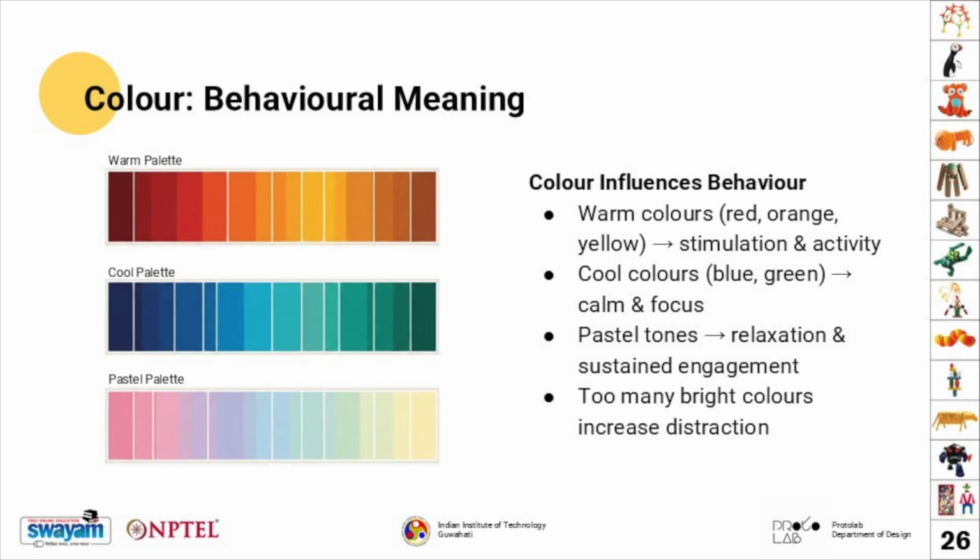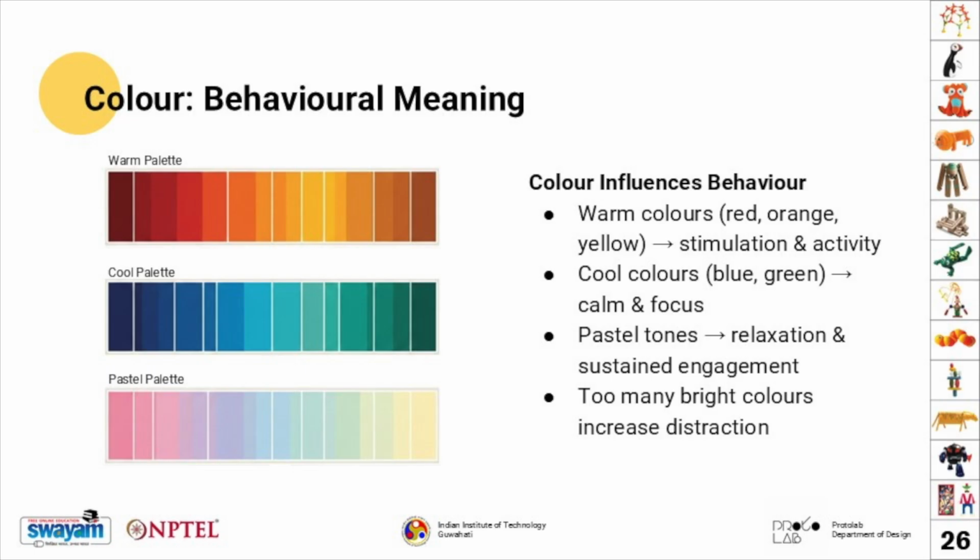Cool colors such as blue and green have the opposite effect. They slow behavior and support longer engagement and concentration. Pastel shades reduce stimulation and are better suited for tasks requiring focus.